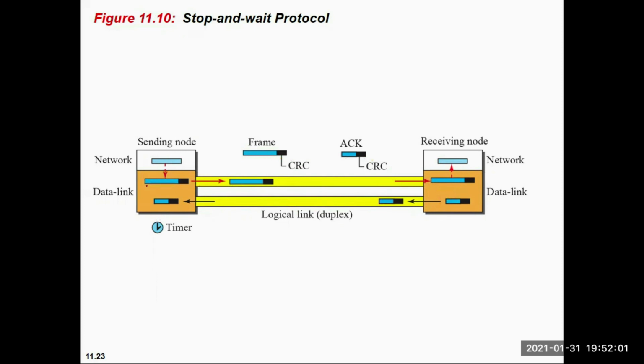When it is sending, a timer will run. If your frame is not delivered, or something happens, then due to this timer the sender will resend the frame, and we will see this case later on.